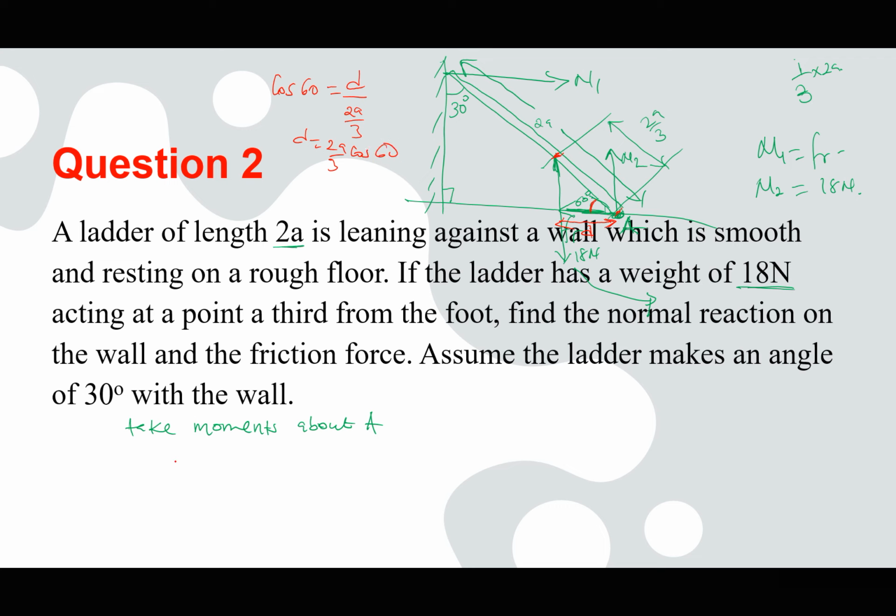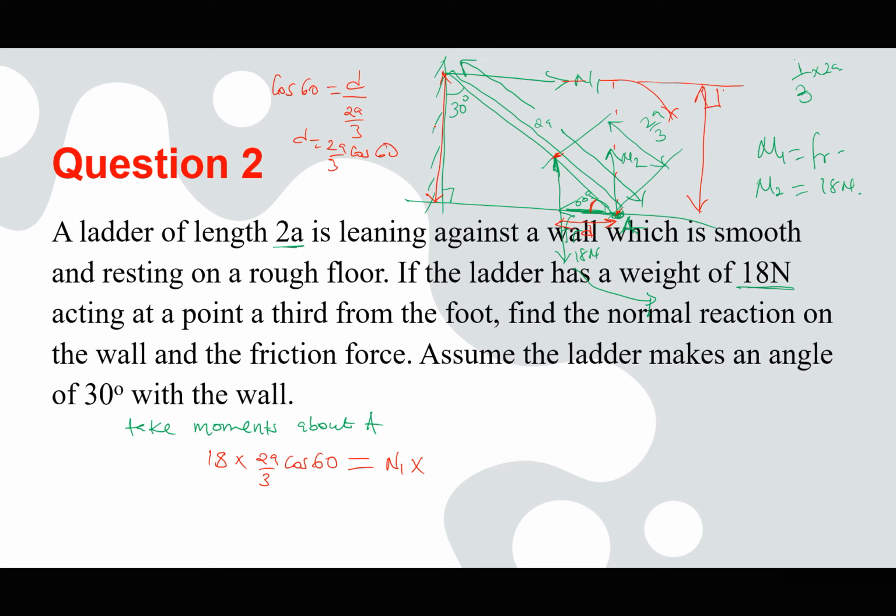So taking moments about A, the anticlockwise moment for the weight is 18 times the perpendicular distance, 2a over 3 cos of 60. This should be equal to the clockwise moment given by N1 times the perpendicular distance of N1. The perpendicular distance of N1 is the vertical line from the line of action to the horizontal ground, which makes 90 degrees.